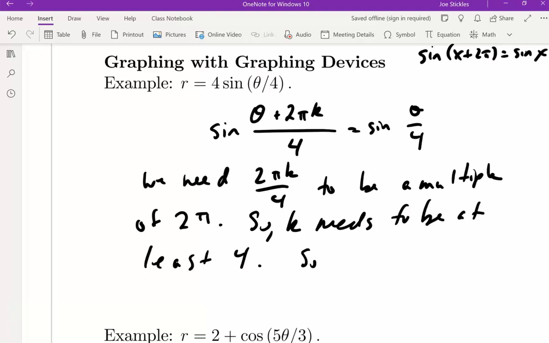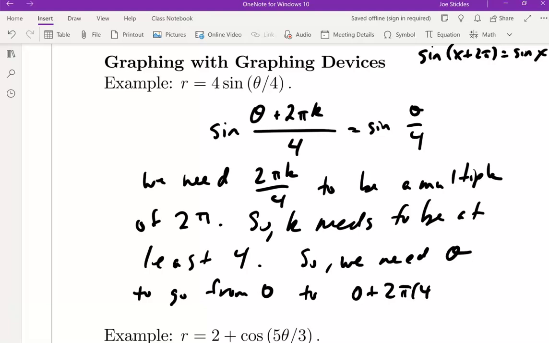So now if our k is 4, I just got lost in what I needed to explain next. I apologize for that. So we need theta to go from 0 to 0 plus 2 pi times the 4. 0 is where we started. 4 is the value for k that we put in.